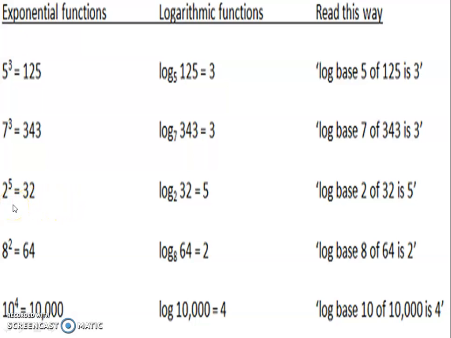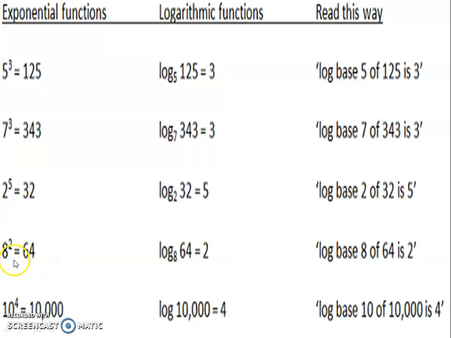So I convert this exponential into log. I use the log, base is 2. I write here answer is 32 and index is 5. So how do I read this? Log base 2 of 32 is 5. Now next example. We already know 8 squared is 64. It is an easy way.